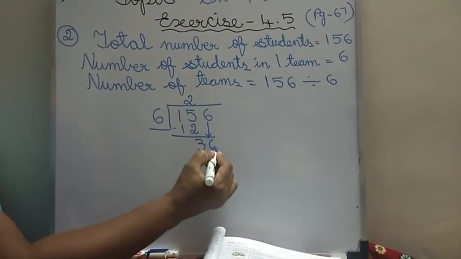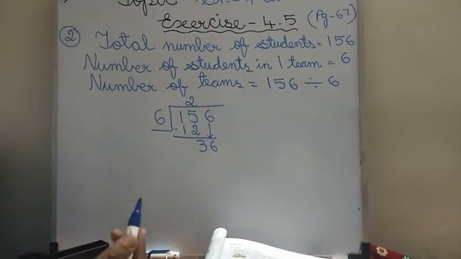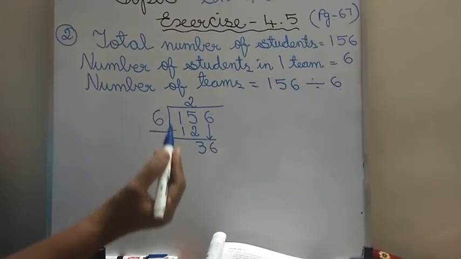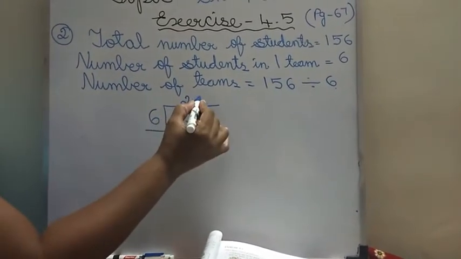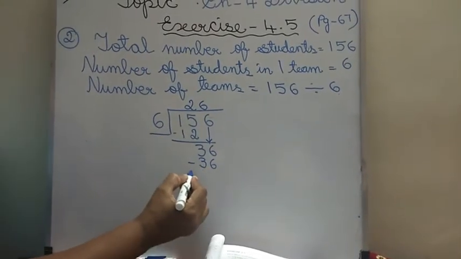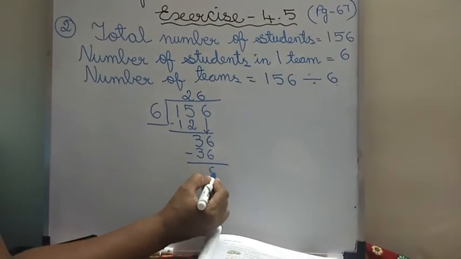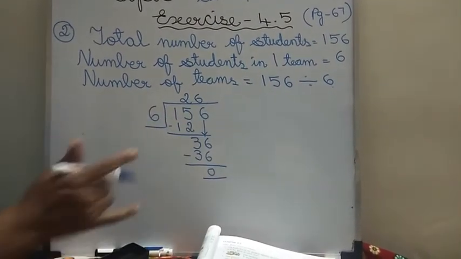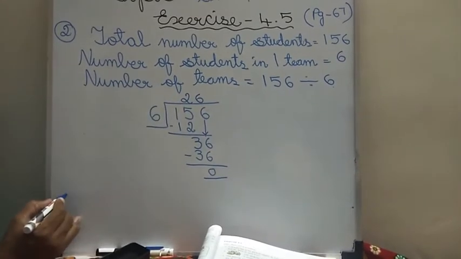Now it becomes 66. So if we say the 6 table, 6 ones are 6, 6 twos are 12, what will come? 6 fives are 30, 6 sixes are 36. So 36 minus 36, 0. So how many teams are there, children? 26 teams are there.